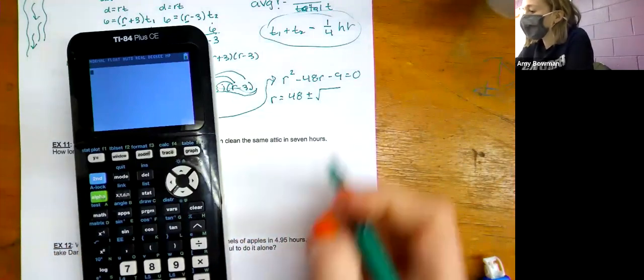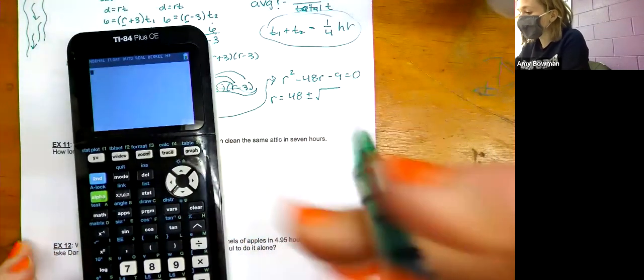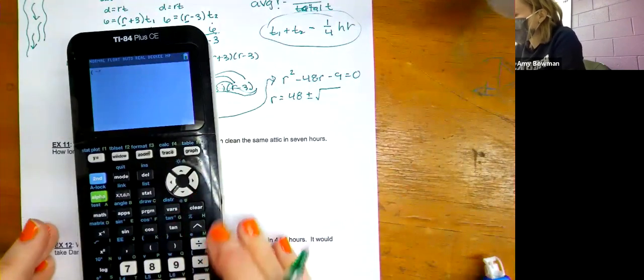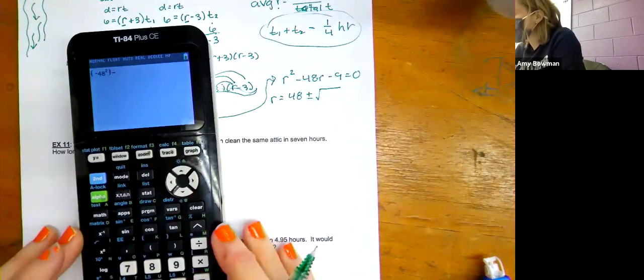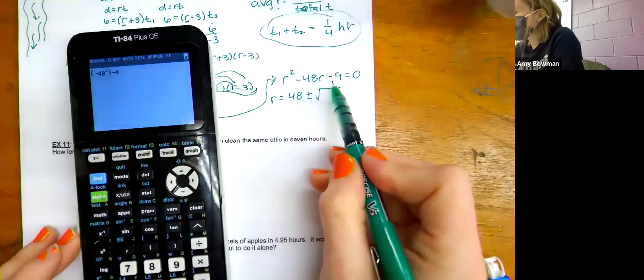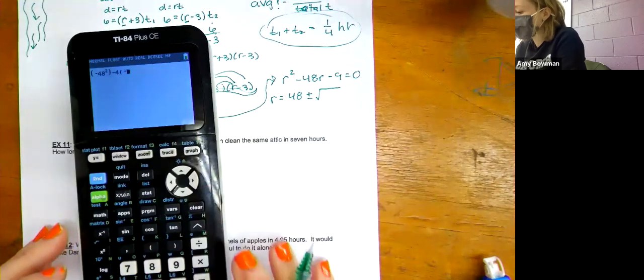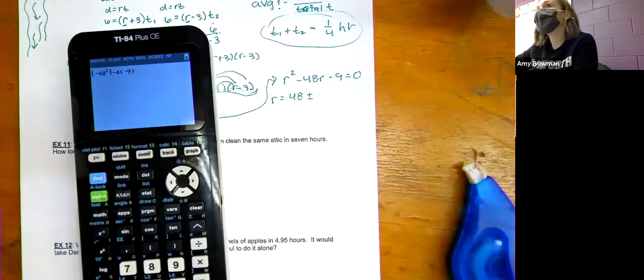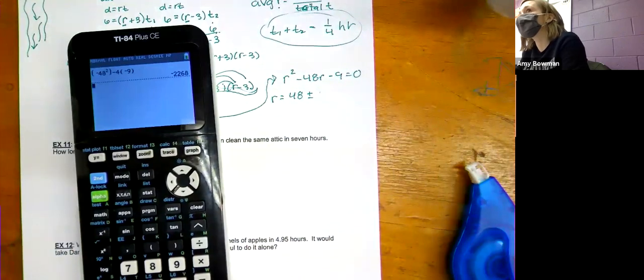The square root of B squared, so negative 48 squared, minus 4 times A times C, which is -9. I do all of this right on my calculator just to save time. I find out what's on the inside of the square root.